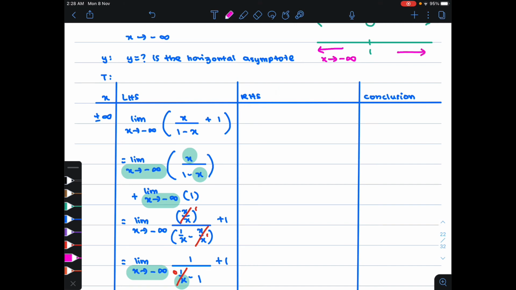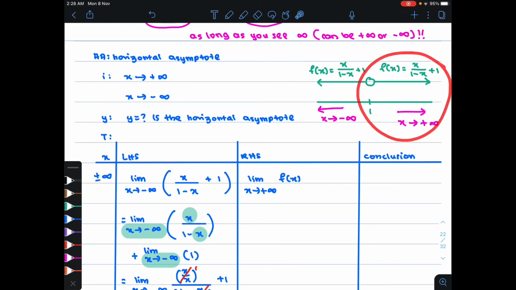For the right-hand side, as x approaches the right hand side, x approaches positive infinity. So here, this is actually the limit of f(x) as x approaches positive infinity. And we know that on the right hand side here, this is f(x). And if your x is approaching infinity, if you have two terms, just separate it into two limits.